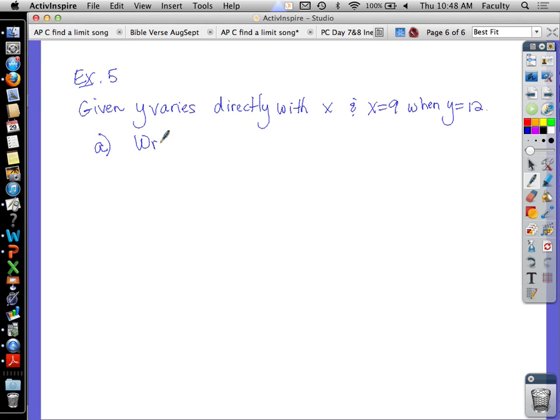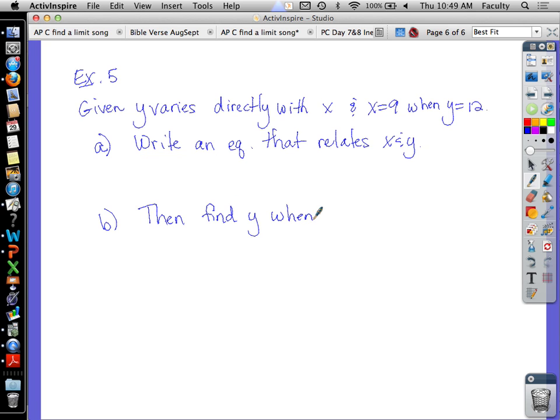Part A, write an equation that relates x and y. Then when you have that equation, then find y when x equals -6.